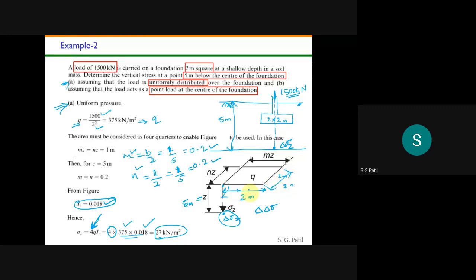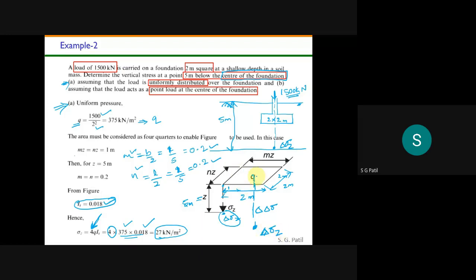They are asking you to find the stress increase, assuming that the load is uniformly distributed over the foundation, and to determine the vertical stress at 0.5 meter below the center of the foundation. You see this word, center of the foundation. So at the center I have to calculate delta sigma z.